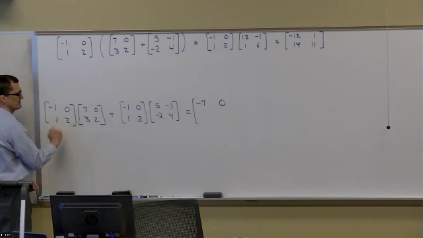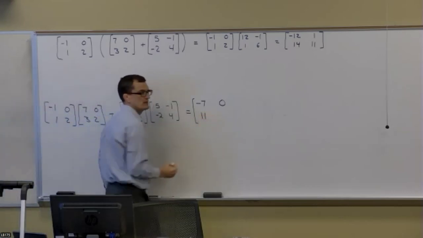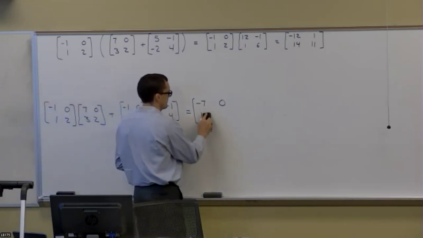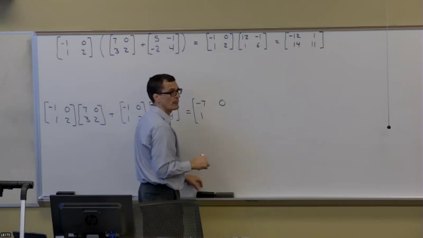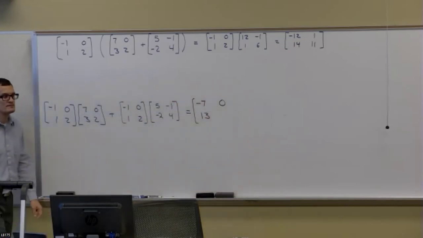If I do the multiplication here, -1, 0 times 7, 3 is -7 plus 0, so -7. -1, 0 times 0, 2 is 0. 1, 2 times 7, 3 is 7 plus 6. I'm sorry, I wrote the wrong thing.